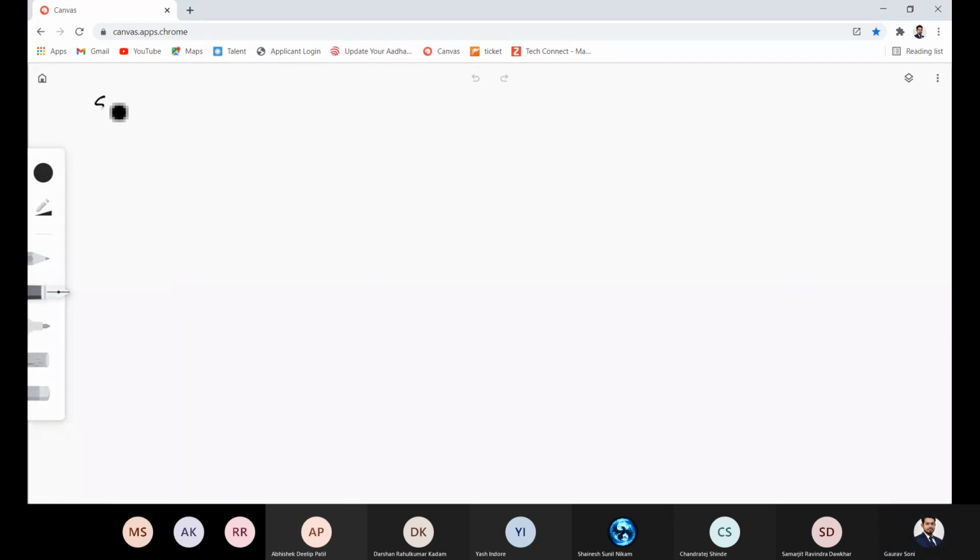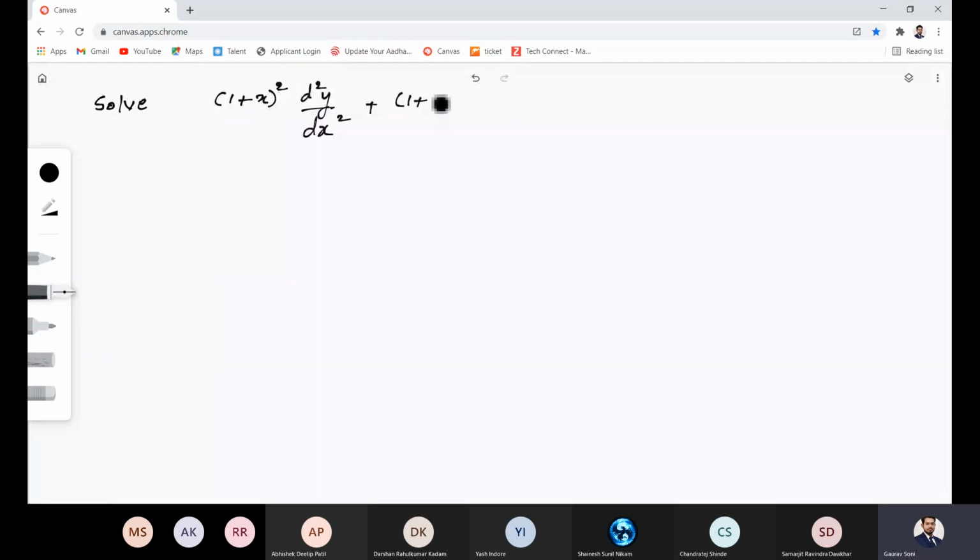Solve (1 plus x) whole square d2y by dx square plus (1 plus x) dy by dx plus y is equal to 2 sine log (1 plus x).